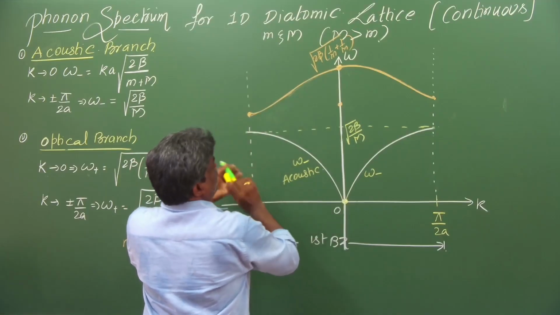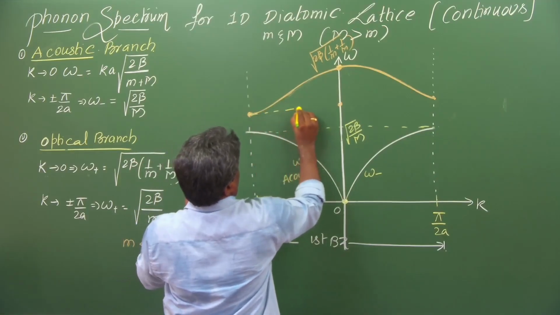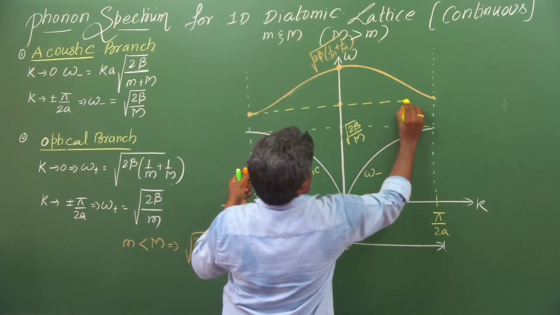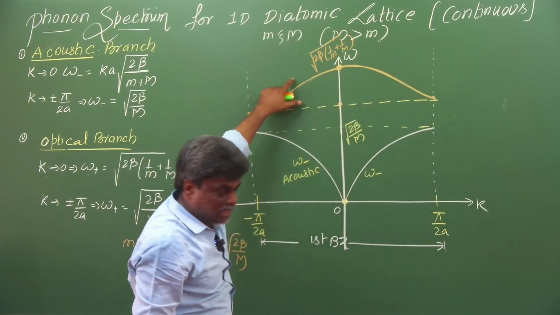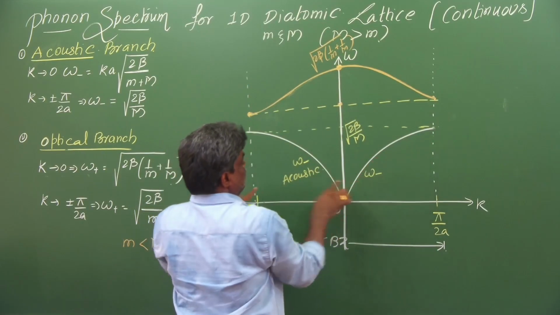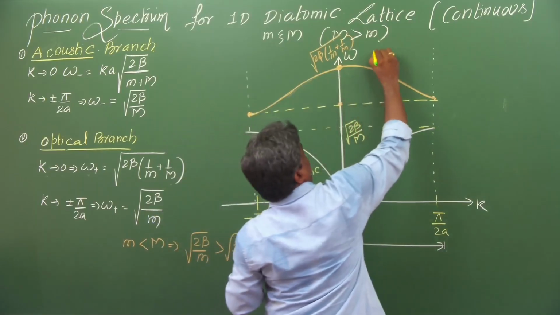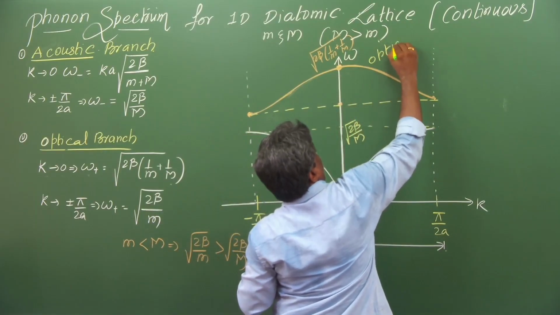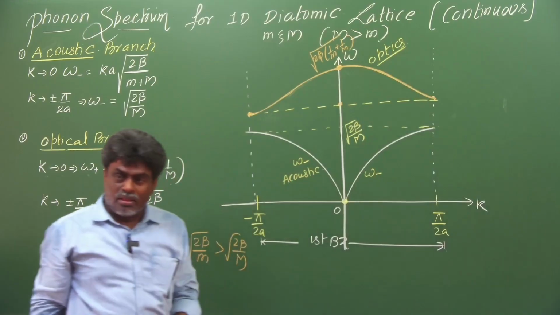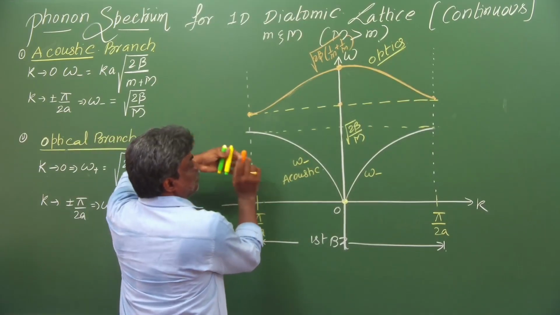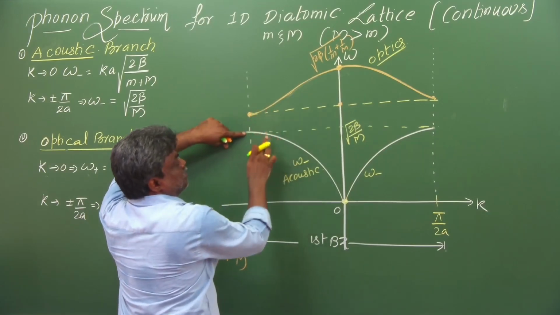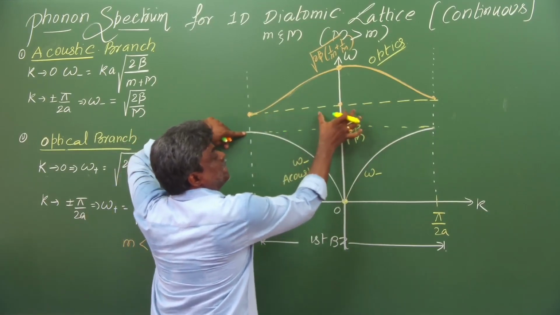Now if you carefully observe, this is the phonon spectrum corresponding to optical branch and this is the phonon spectrum corresponding to acoustic branch. Right. So finally what you observe, there is a gap. Is there any energy transmission in this gap?